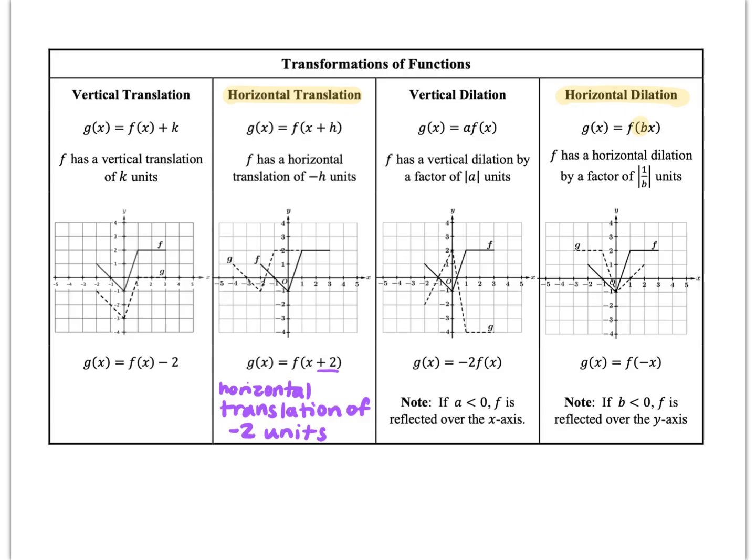That just means whatever the fraction is, we flip it. If I see a 2 in the parentheses, f of 2x, that would be a horizontal dilation by a factor of 1 over 2 units. If the value of b is less than 0, in other words, if b is a negative number, f is going to be reflected over the y-axis.